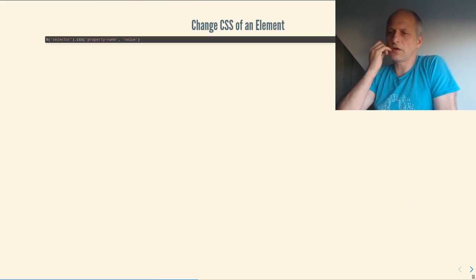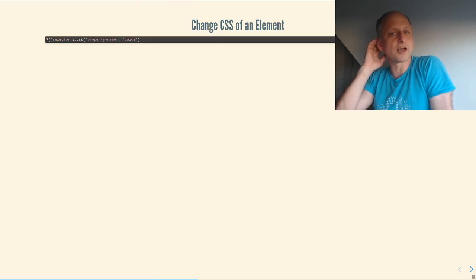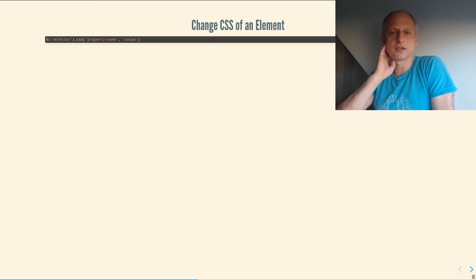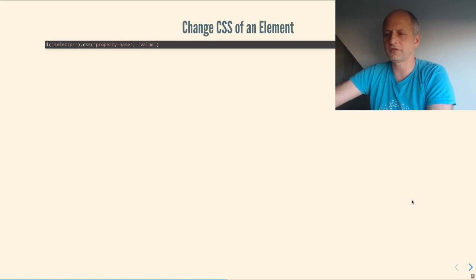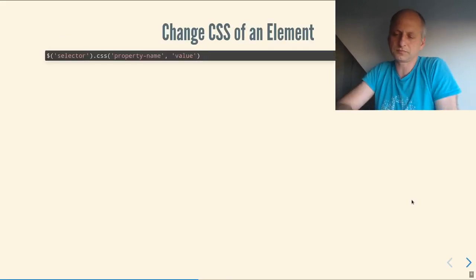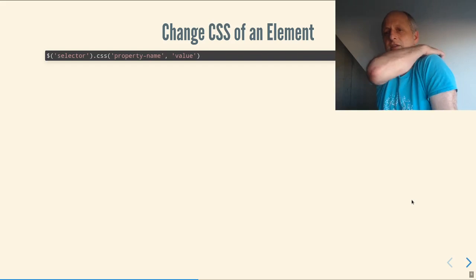So often something we want to do in jQuery is change some CSS on a selector, on an element of some kind. And here we see how we do that. The method that we're trying to access is the CSS method.